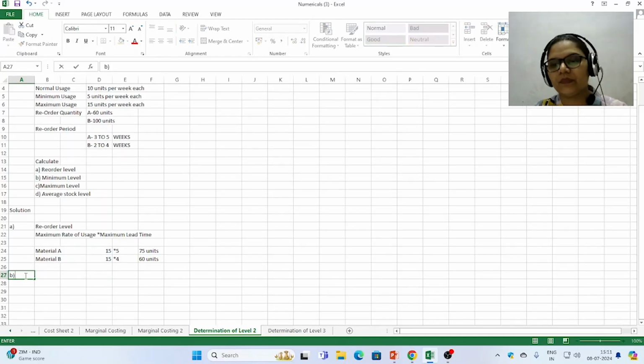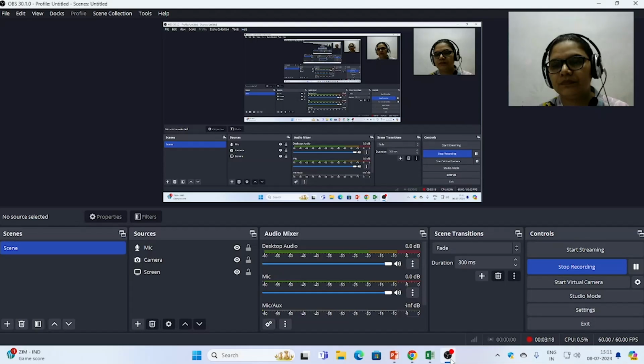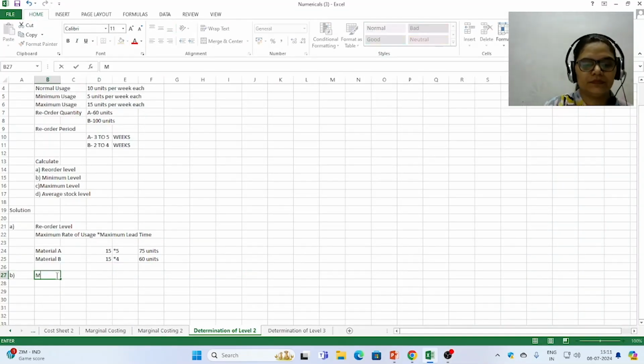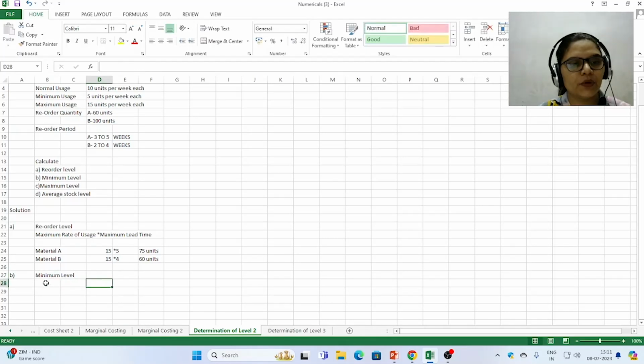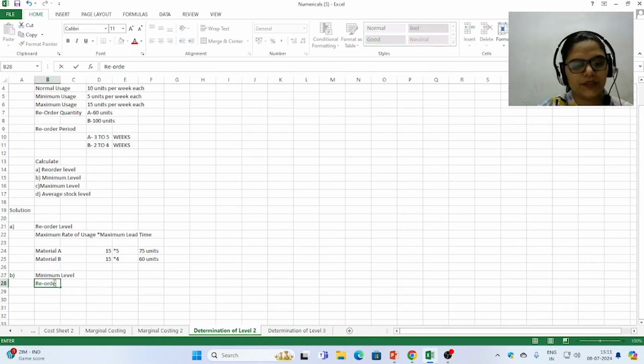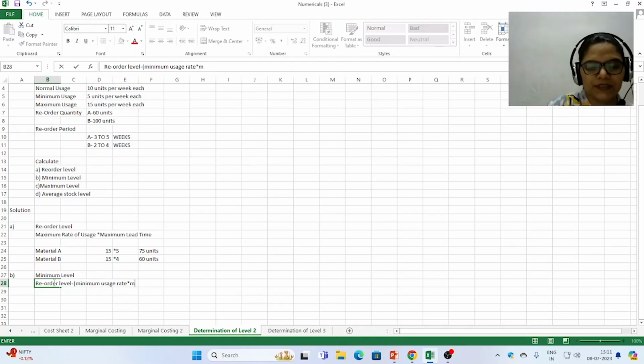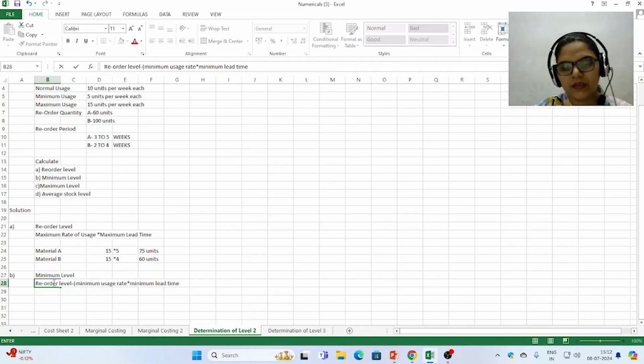Next is minimum level. We all know the formula: minimum level is equal to reorder level minus minimum usage rate into minimum lead time, plus economic order quantity, or in other terms we also refer to it as reorder quantity.